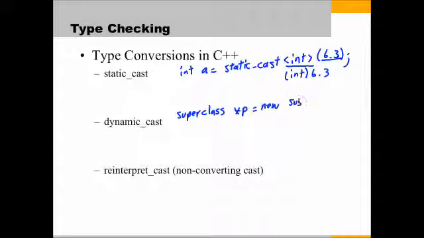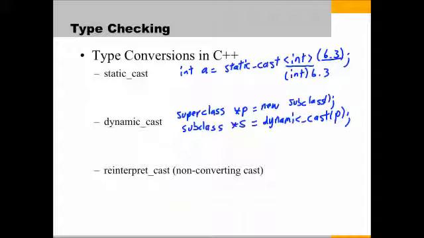Okay, so we've assigned a subclass to p. And now, if we try to assign to subclass star s, we might want to do a dynamic cast to do a check at runtime to make sure that this downcast is acceptable. And in this case, we get success.